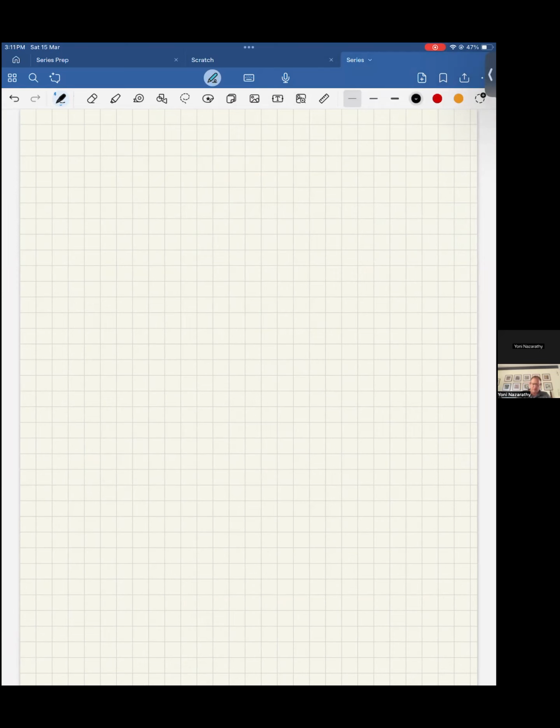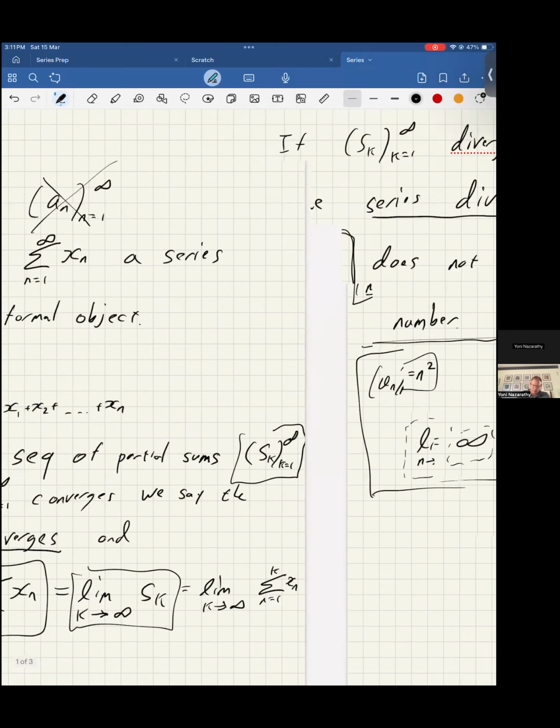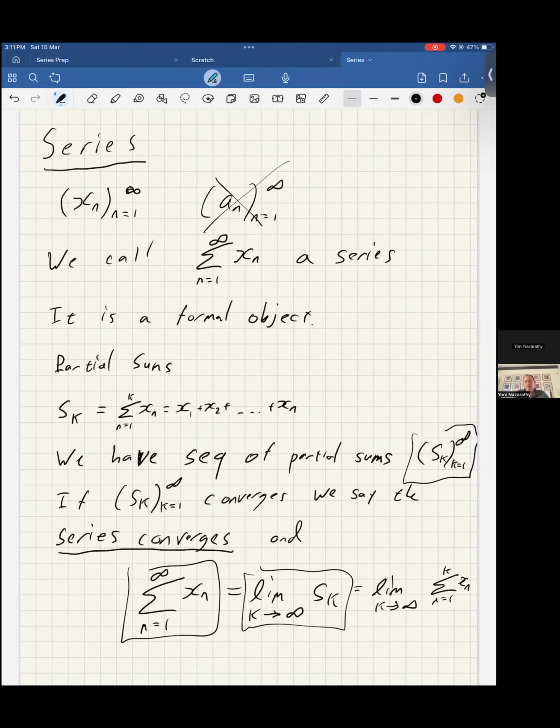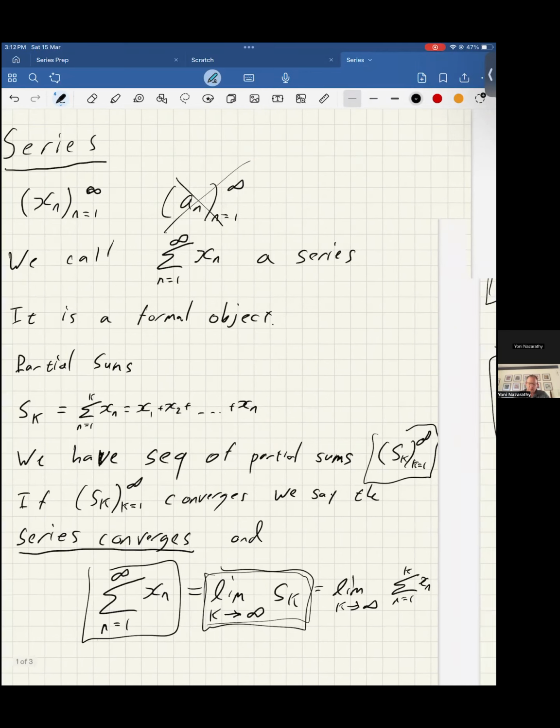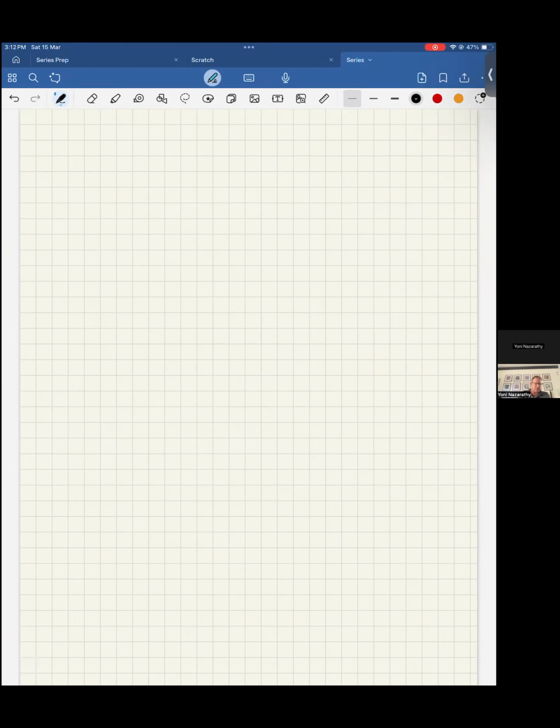For most series, we won't be lucky enough to have a nice, simple expression for the value or the sum of the series, the actual limit of the partial sums. Sometimes we just call it the sum of the series when the series converges, but we'll just be able to say if it converges or diverges. However, geometric series, which play a central role, are special, and they have an explicit expression.